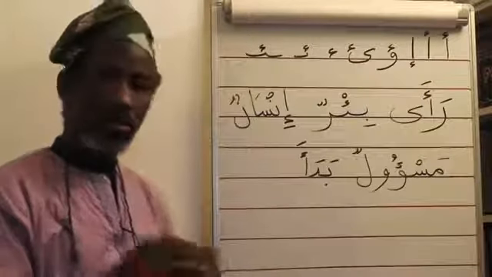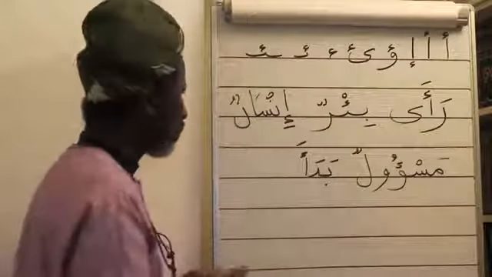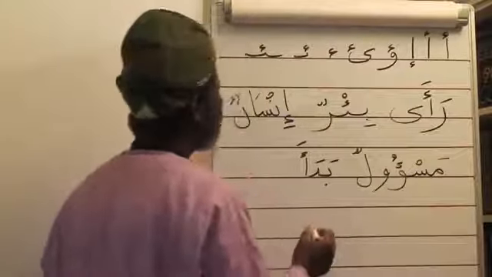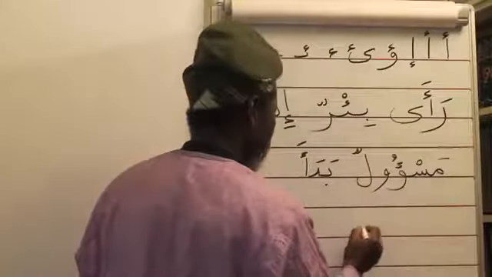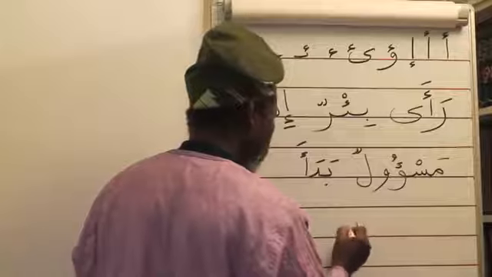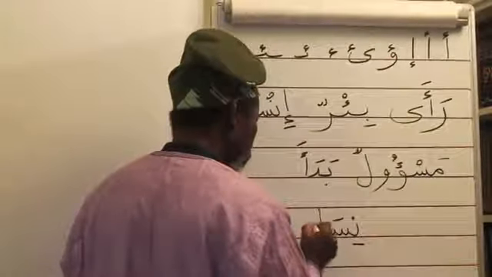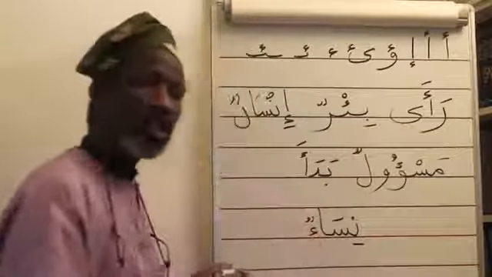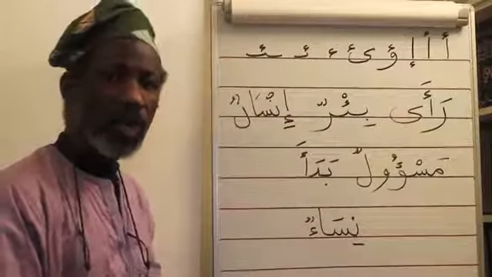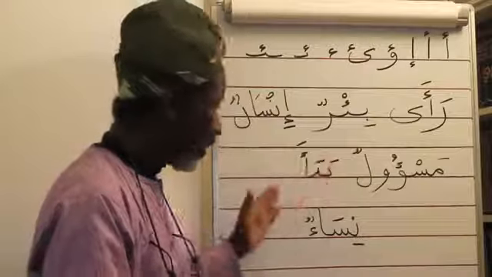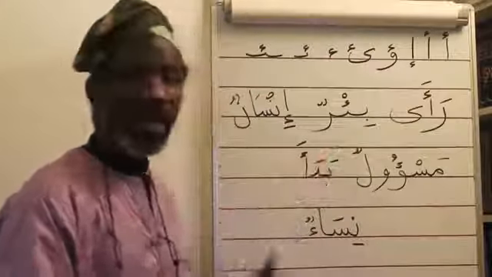It can be sitting on the floor. If I say nisa'un, on its own, nisa'un. So anywhere you find it, just go for the vowel that is carrying and you'll be fine.